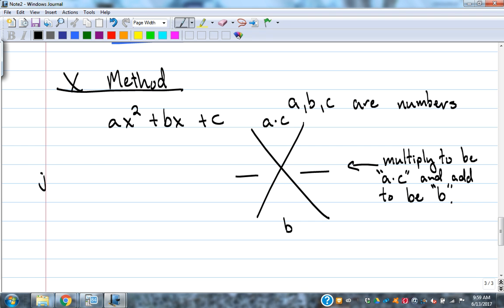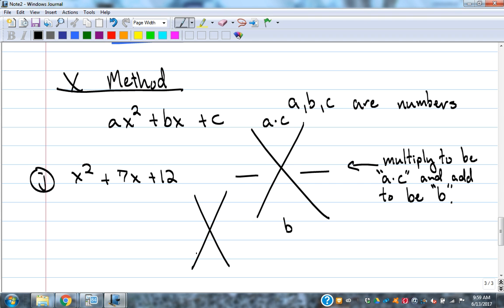So let's do example J, and we'll do a quick one here. X squared plus 7x plus 12. Okay? There's a trinomial. We're going to try to turn this trinomial into a 4-term polynomial. So I'm going to make my X. What's A on this problem?